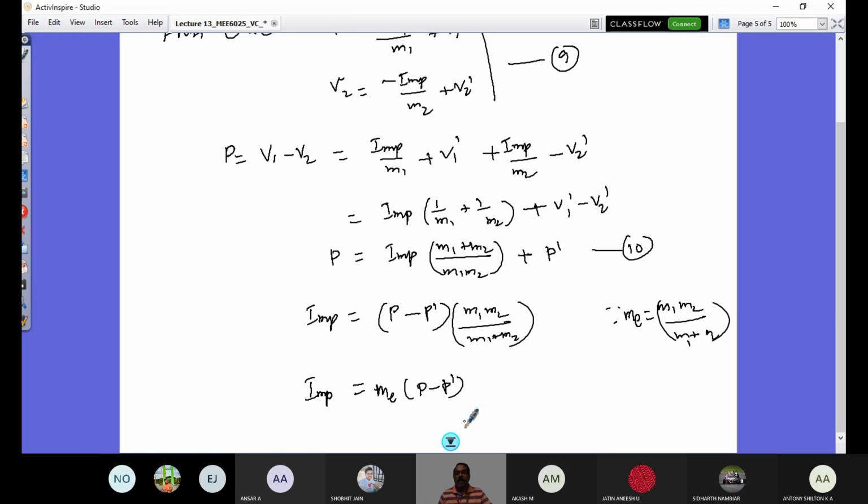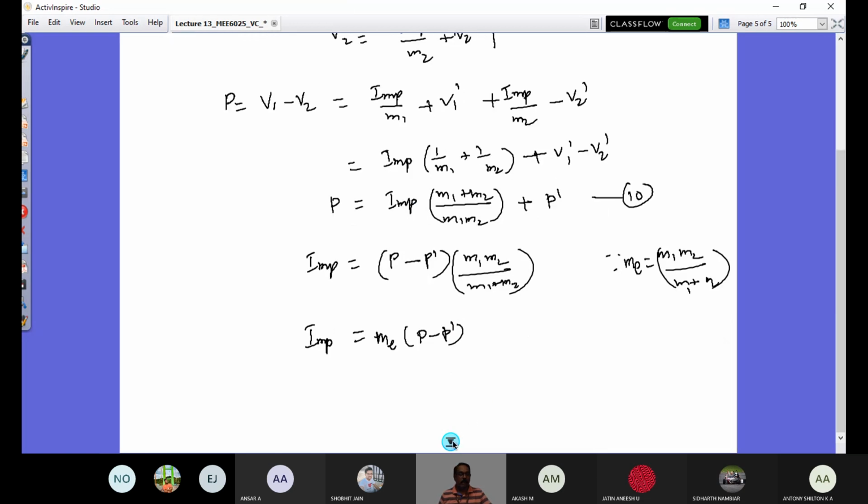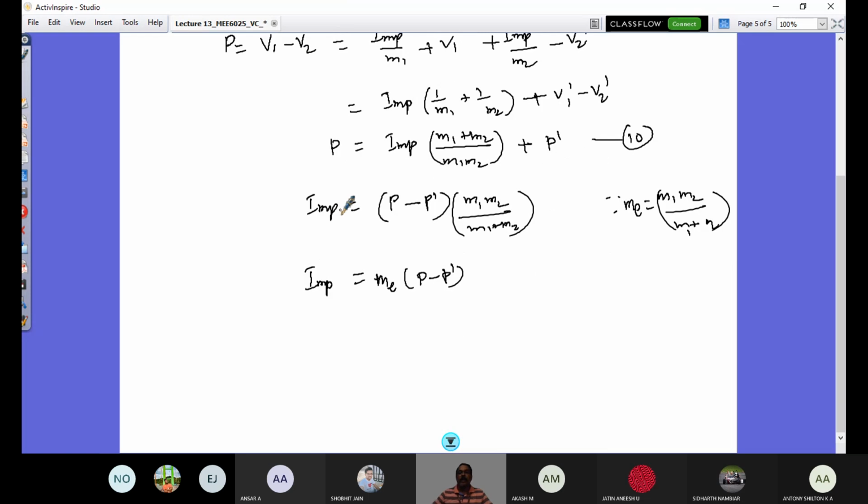So now let's look at Kelvin's expression and substitute for this. Let's call this equation 11. Now Kelvin's theorem is delta E dash is IMP by 2 into P plus P dash. So let me put in IMP. That's going to be ME by 2, P minus P dash, into P plus P dash.